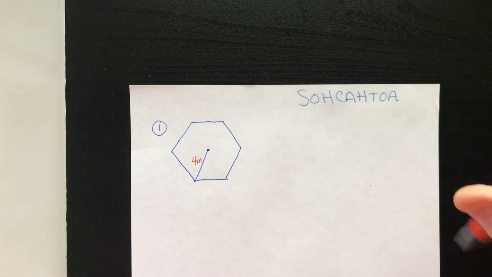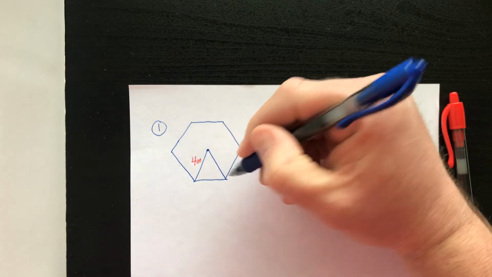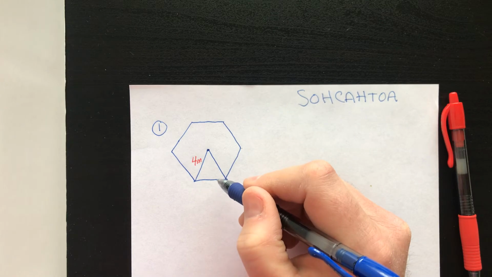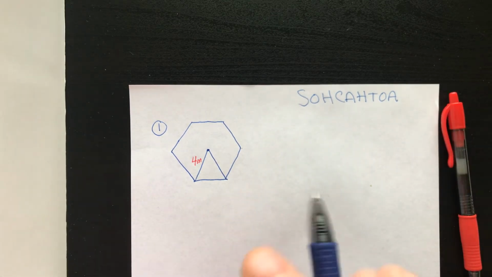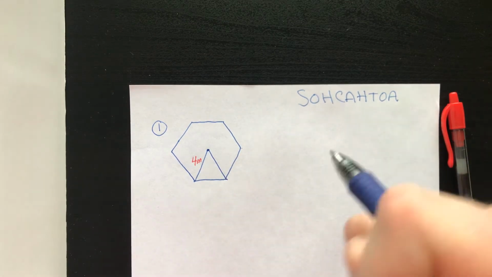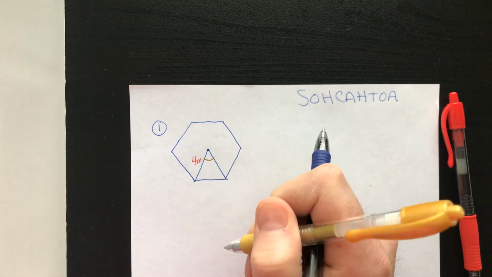And that's all they give us. But remember, with these problems, we always focus on this little triangle inside of your polygon. And the first thing that we have to do is figure out this central angle right here. We need to figure out the central angle.